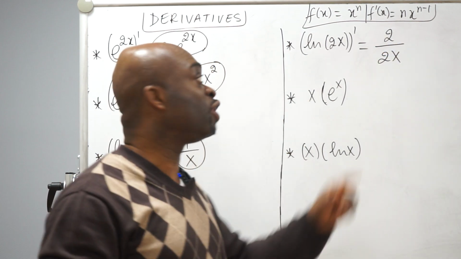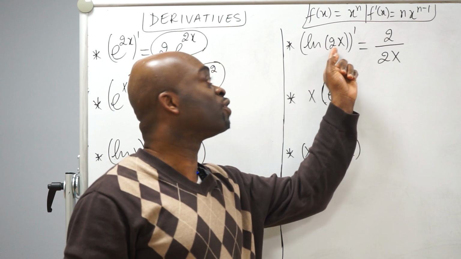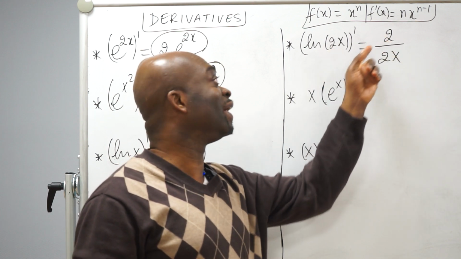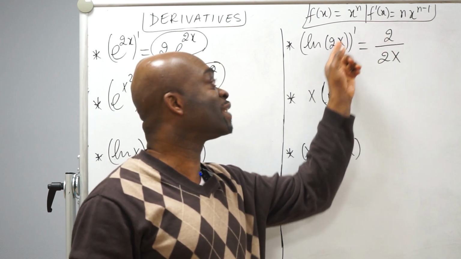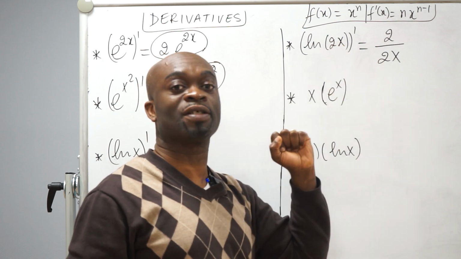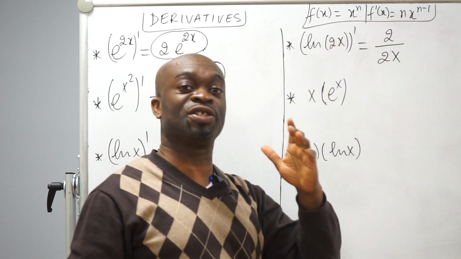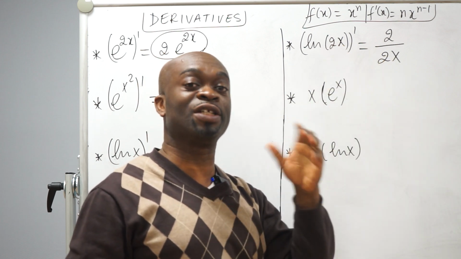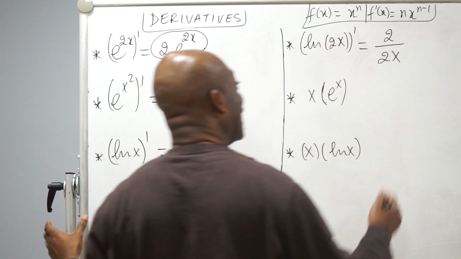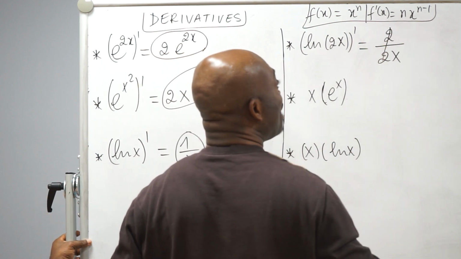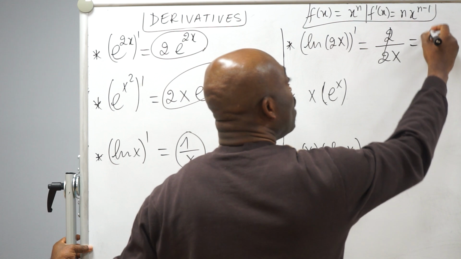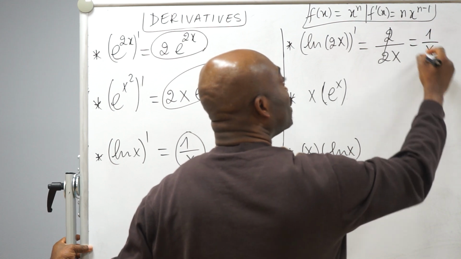Everybody with me? So you found the derivative of 2x, which is 2, and then divided by the same original function here, which is 2x. And now, ladies and gentlemen, this is a fraction. If you can reduce it, you have to. So in this case, we can because 2 divided by 2, so we end up with 1 over x. Okay?